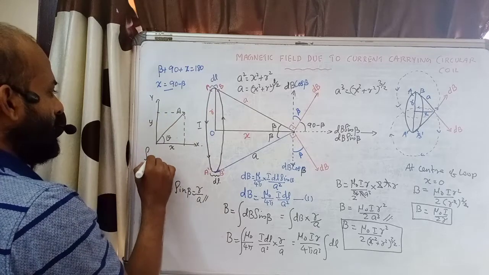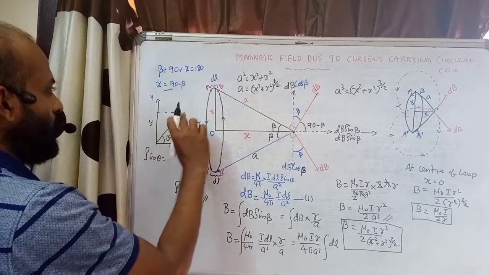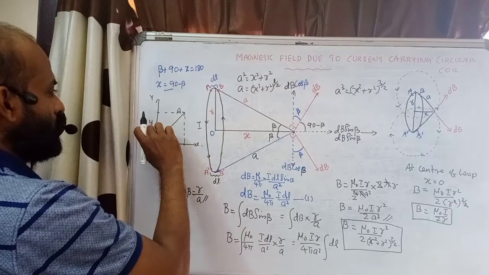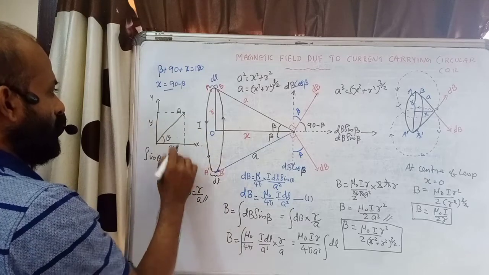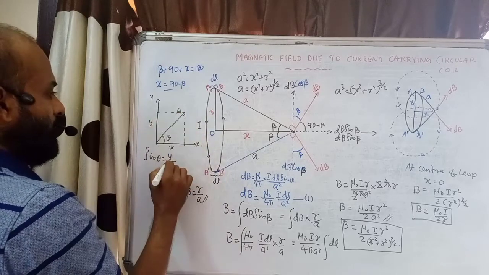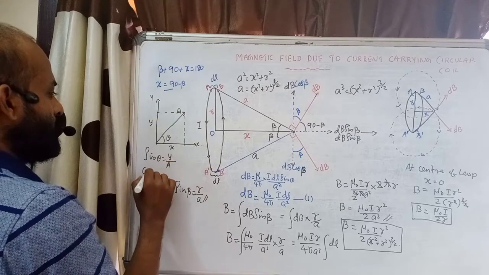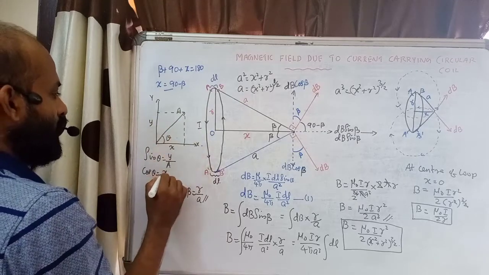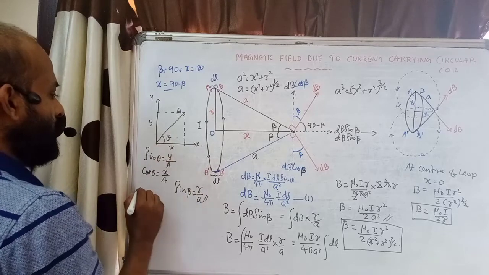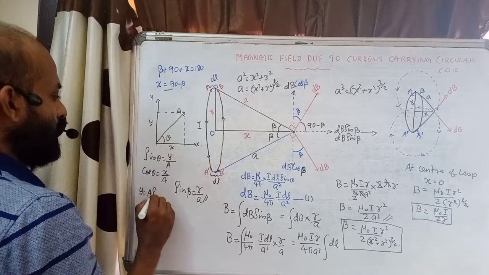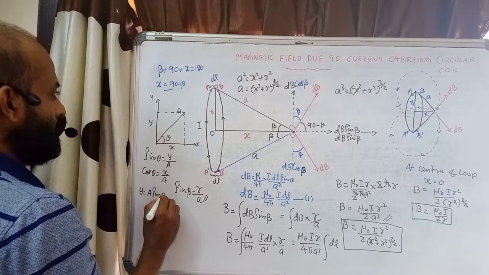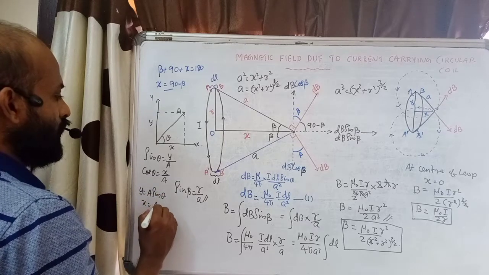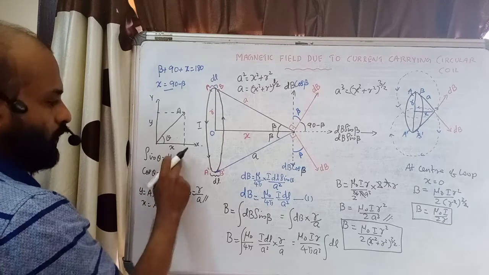What is sine theta here? Sine theta is equal to opposite side y by hypotenuse length A, y by A. And what is cos theta here? Cos theta means adjacent side x by A. So what is y? y is equal to A sine theta and x is equal to A cos theta from these two equations.